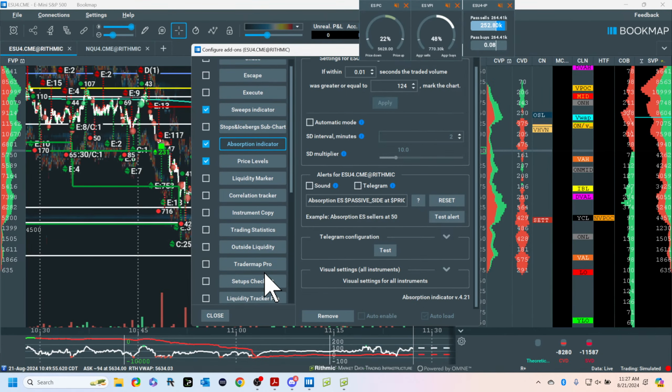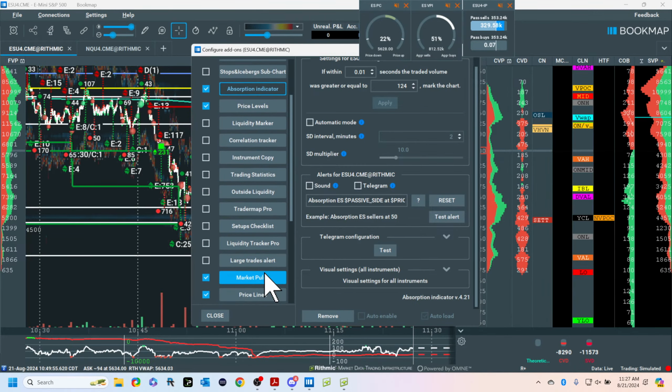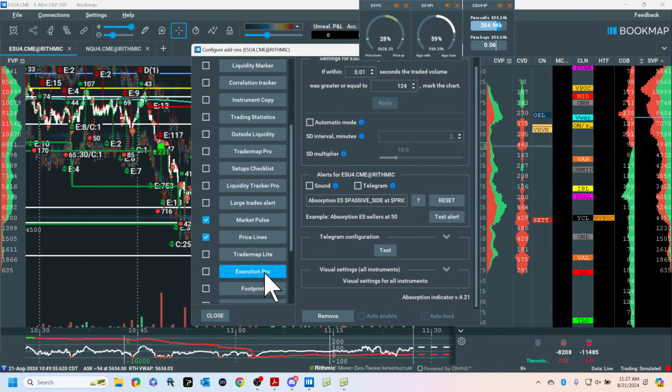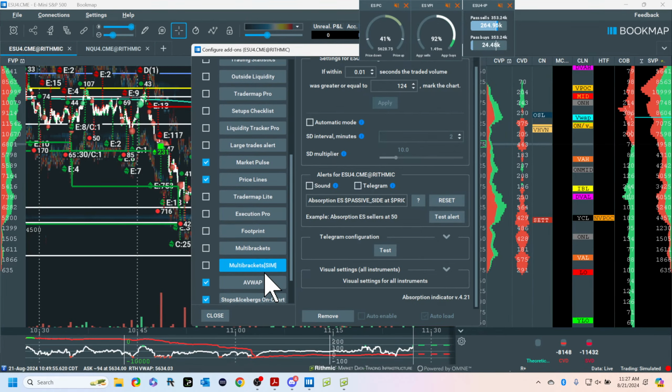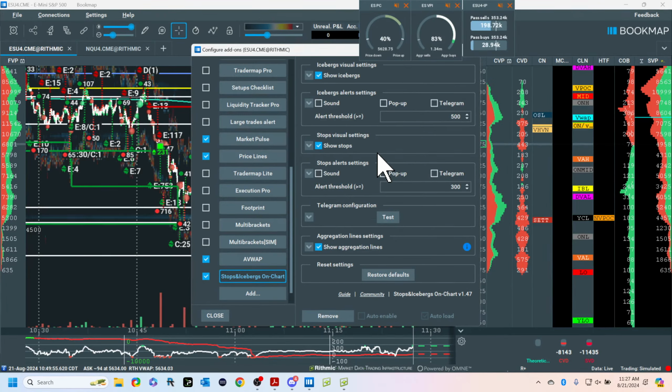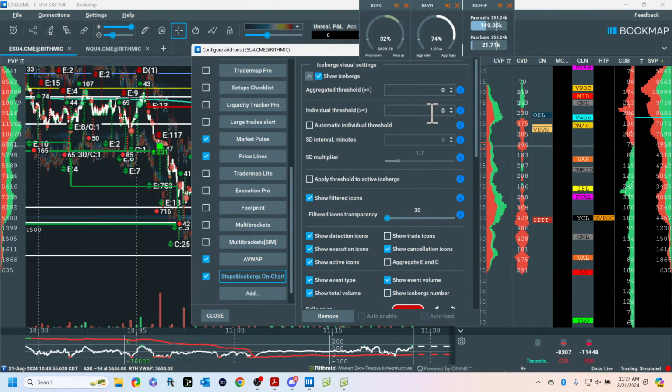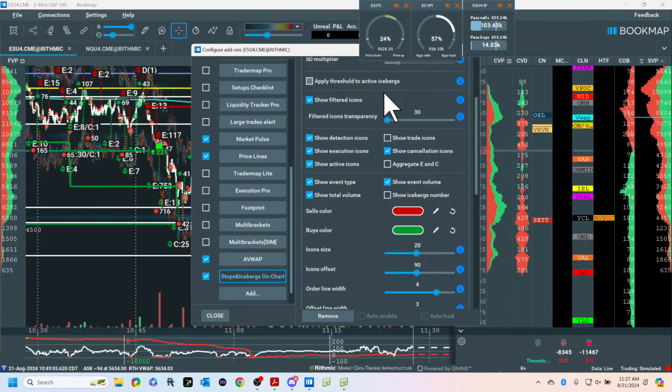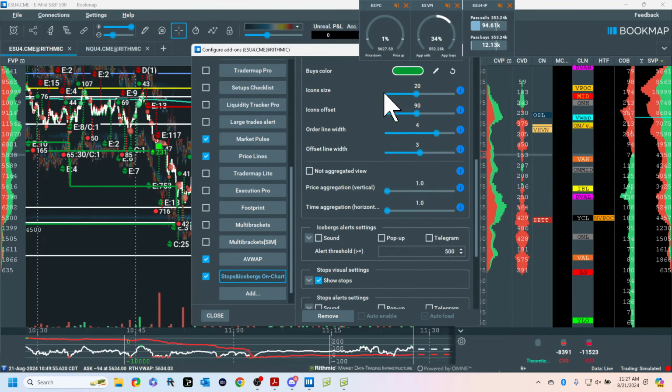Let's see what else I got here that might be interesting. And on the icebergs, I thought I had a filter on there. Let me see.